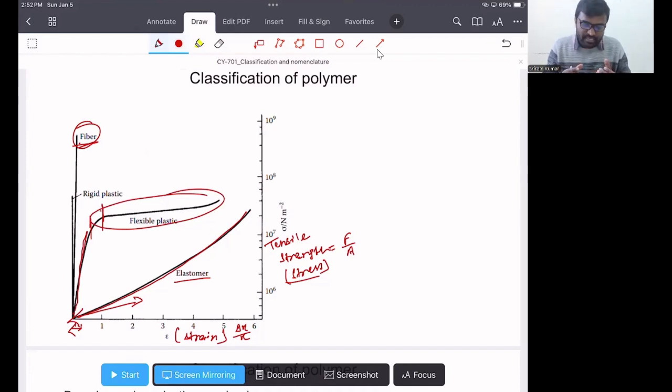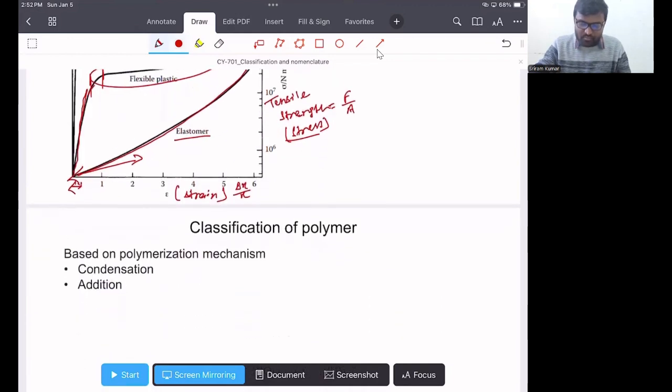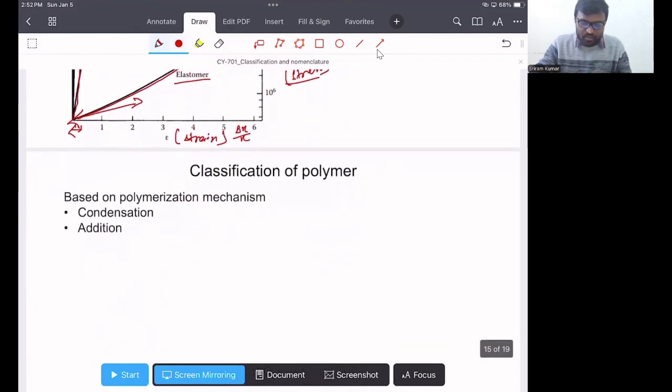Flexible plastics have initial properties like fibers and later properties like elastomers. However, rigid plastics have properties similar to fibers, with very high tensile strength as compared to the strain. We will discuss these mechanical properties of polymers later in this class.